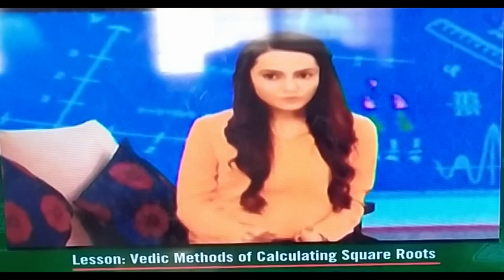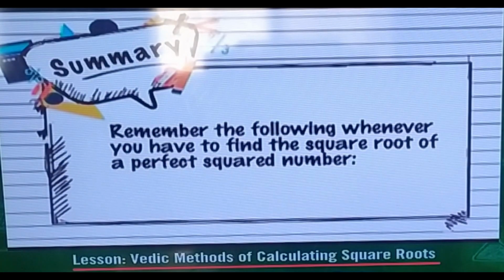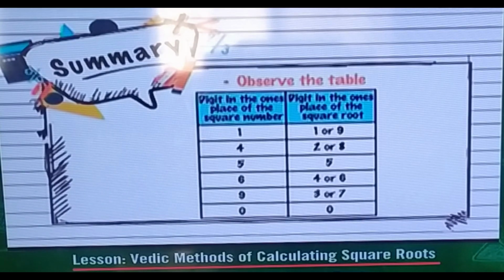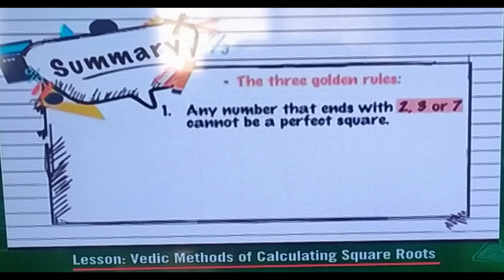So, if you have to find the square root of a perfect squared number, keep the following points on your fingertips. Observe the table. The 3 golden rules are: number 1, any number that ends with 2, 3 or 7 cannot be a perfect square.